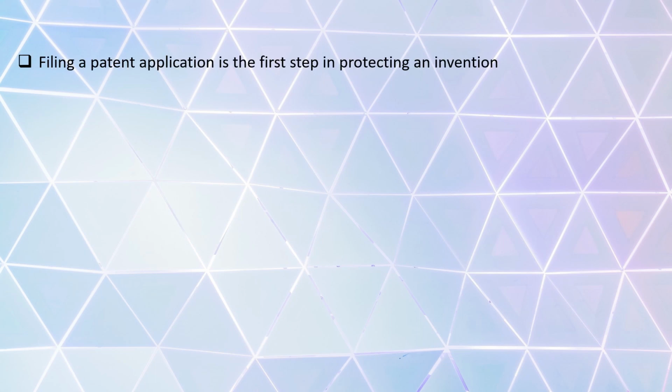Okay, so we all know that filing a patent application is the first step in protecting an invention. Now, whenever you have an invention and you are planning to protect that invention, the first step you will do is file a patent application in India at the Indian Patent Office, well, if you are a resident of India and residing in India.